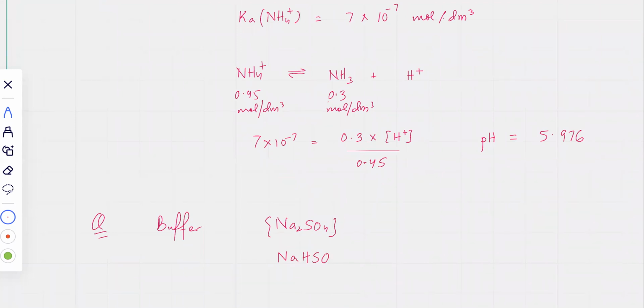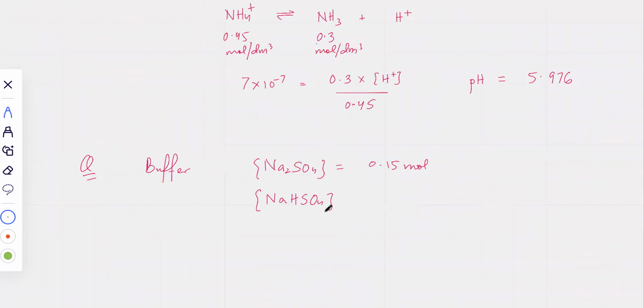So can you tell me which one is the acid, which one is the conjugate base? NaHSO4 is the acid. So this is the HSO4 minus 1 ion, this is the SO4 minus 2 ion. Just ignore the Na, think of it as being invisible, not there. So it's HSO4 minus 1 that's ionizing, and it's in equilibrium with SO4 minus 2.